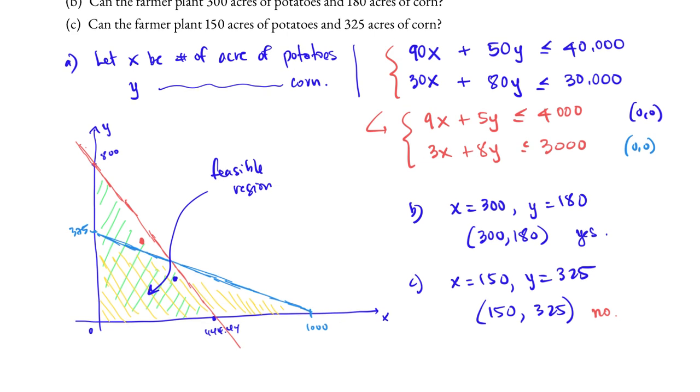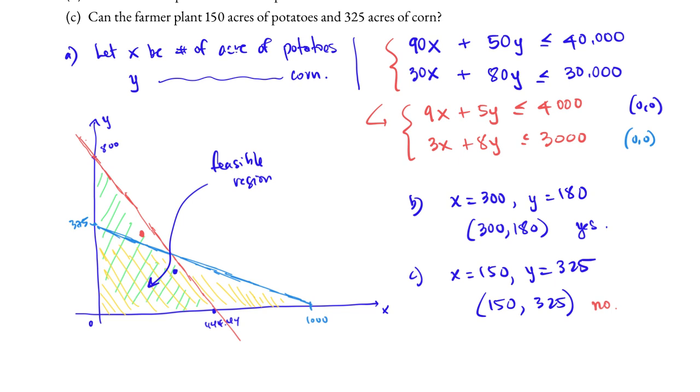One thing we might want to do is to plug in the point. For example, for x equals 300 and y equals 180 for part B, we plug in these x and y to check the inequalities in the system. 90 times x, but x is 300, plus 50 times y, but y is 180.